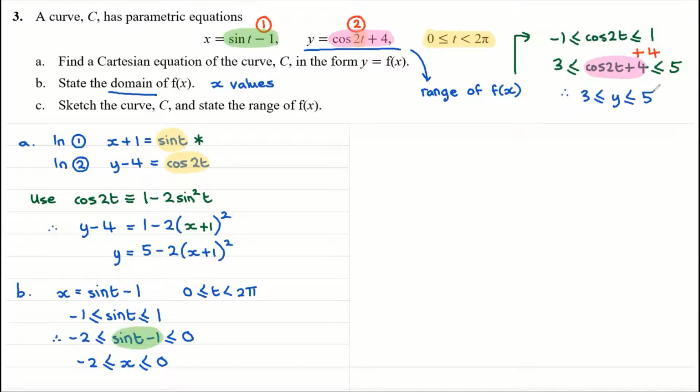Now, for our plotting, let's draw some axes. The domain is going from -2 to 0, so it's only on the left-hand side, and it's the upper quadrant, going from 3 to 5.